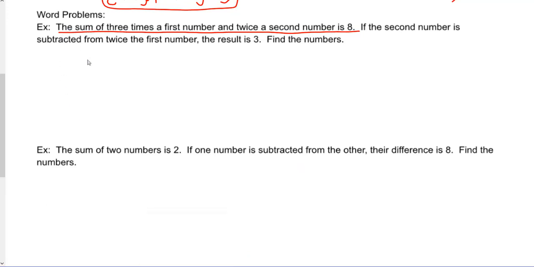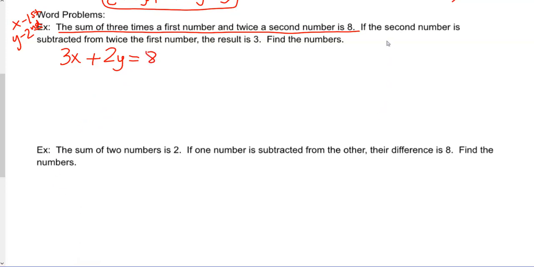So let's start with the first. The sum, we're adding, of 3 times a first number, so let's call x our first and y our second number. So we have 3 times our first, so it says 3x, and twice the second number. So I'm going to multiply twice the second number. Is means equals 8.